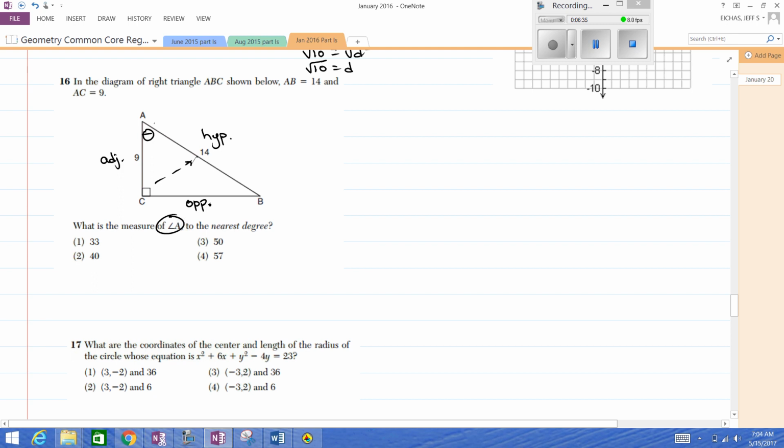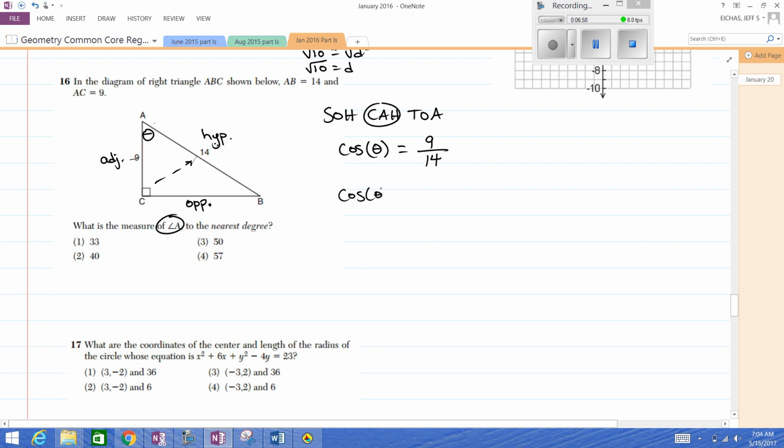We write down our acronym that helps us remember which trig function defines which ratio of two sides. It looks like we're going to use cosine because it's adjacent over hypotenuse. So cosine of the missing angle is going to have the ratio of 9 to 14.